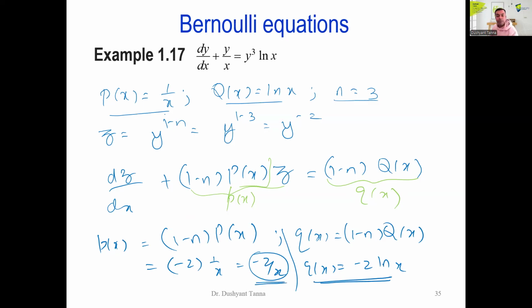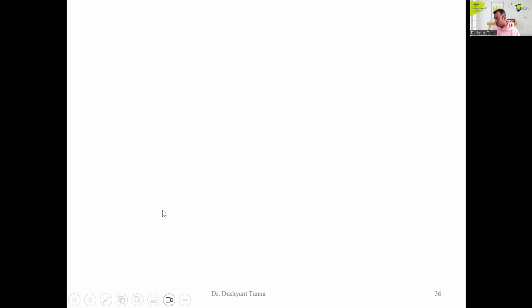Now we follow the same approach we did prior to introducing Bernoulli. What was that? Remember the mu x, and then y is equal to mu bracket c plus integration of q over mu dx, same thing. But the p and q will be small p and q, the new functions, because in terms of the new function only will that method work.